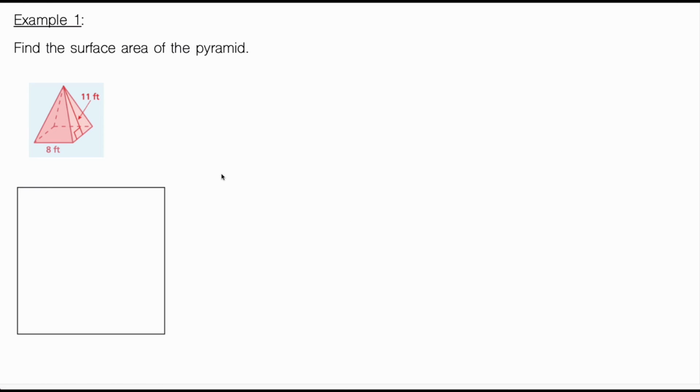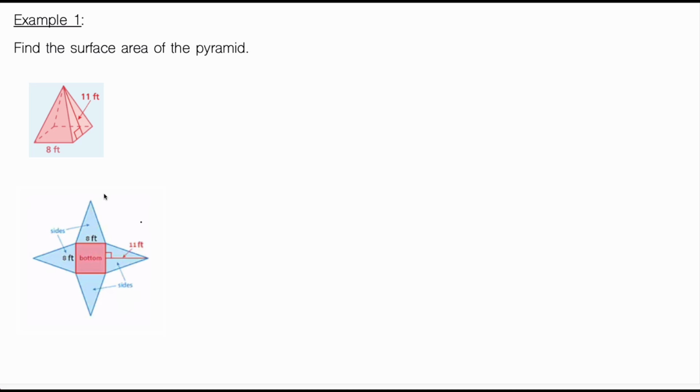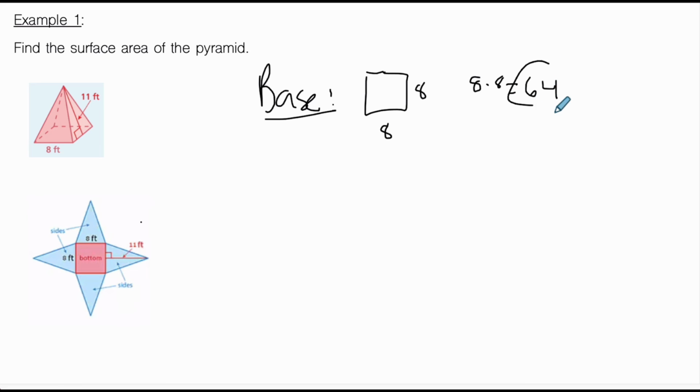I'll do one more just because it's good to see. This one also has a base that's a square. Anytime you only see one measure on the base, we're going to assume that all 4 sides have the same length. So this makes a square again. The base is 8 feet by 8 feet, which has an area of 64.